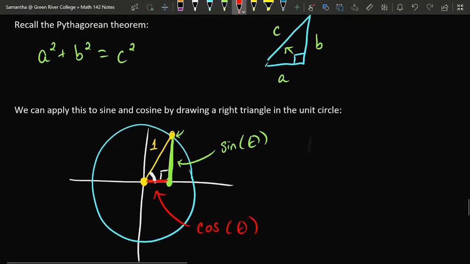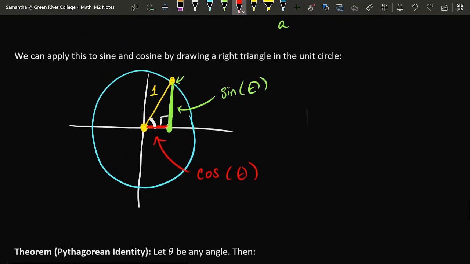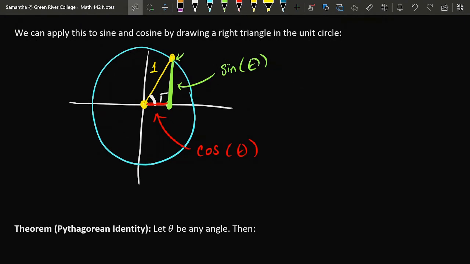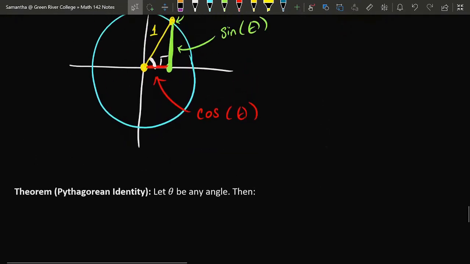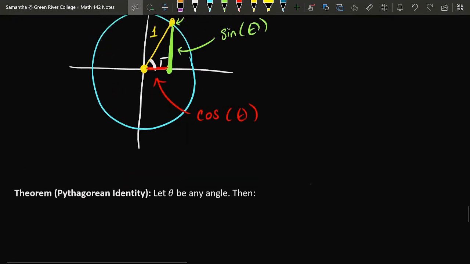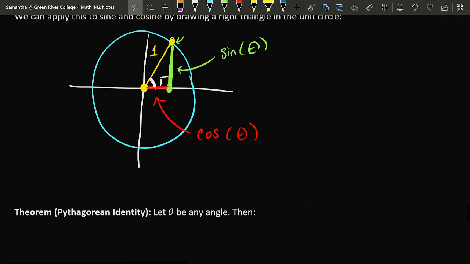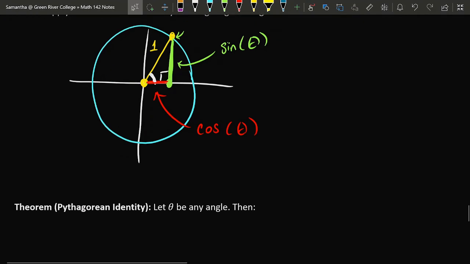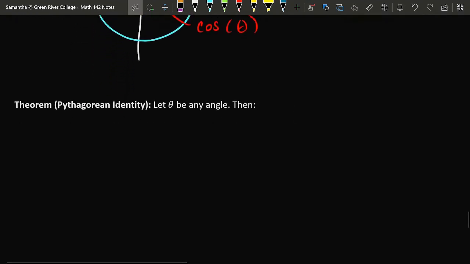So if I apply Pythagorean theorem to this particular right triangle drawn inside the unit circle, we get the almighty Pythagorean identity, one of the most important equations from this entire course. If we have any angle theta, then sine and cosine satisfy the following relationship.